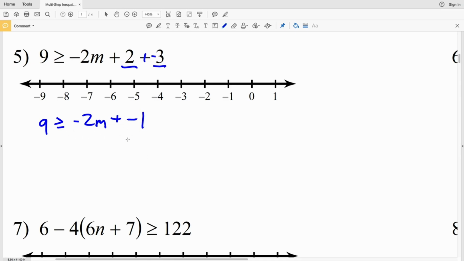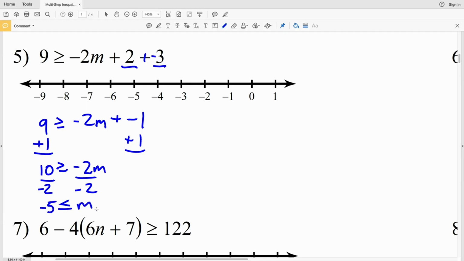This is now a two-step inequality. We're going to add 1 to both sides to get that 10 is greater than or equal to negative 2m, and then divide by that negative 2. And since we're dividing by a negative, we're switching the inequality. So 10 divided by negative 2 is a negative 5, and that's going to be not greater than or equal to, but less than or equal to m.